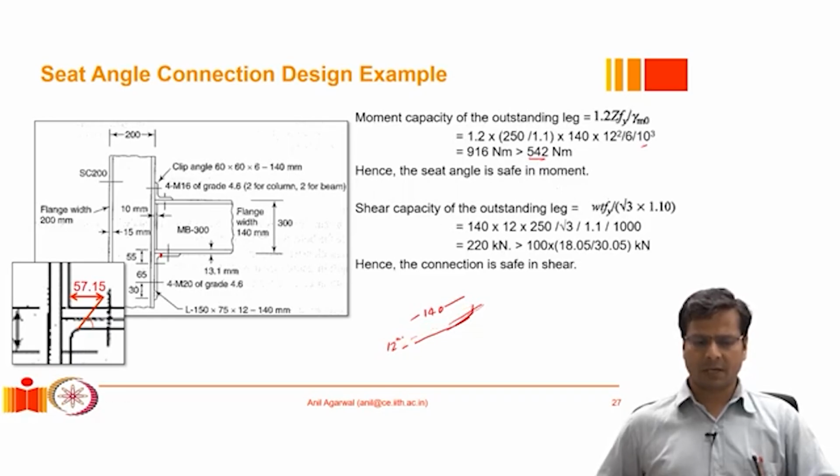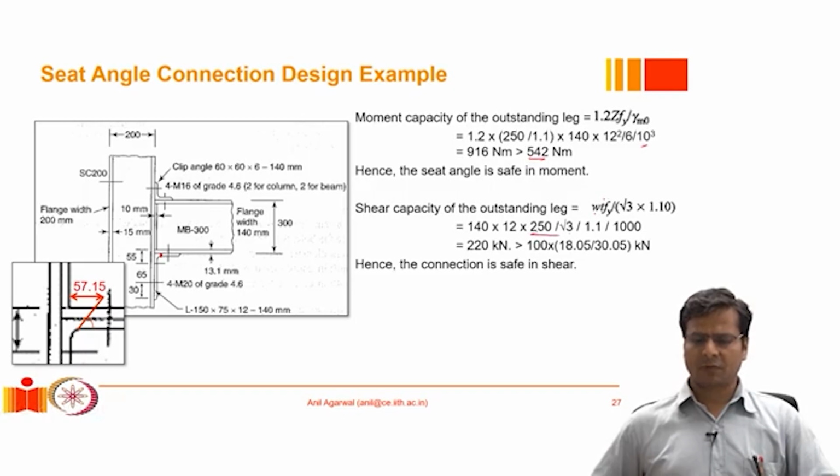Now it comes to the shear capacity. For the shear capacity, again we will take the entire cross section. Width was 140, the thickness, that is 12 millimeters, and we will take Fy divided by root 3 as the capacity, because that is the shear capacity of a ductile material.